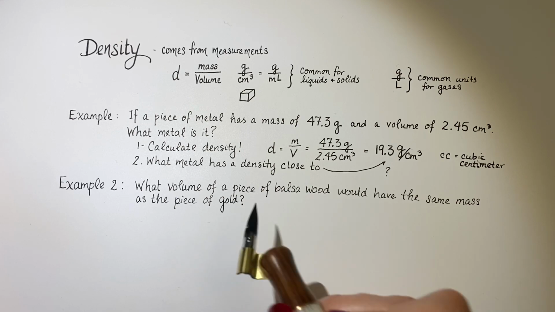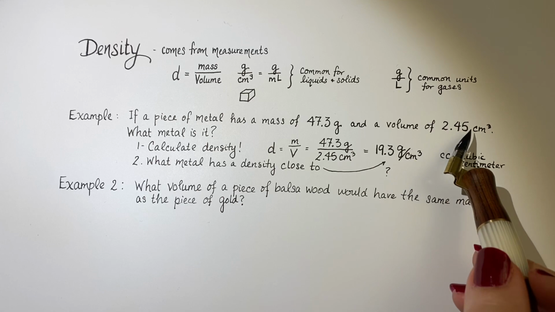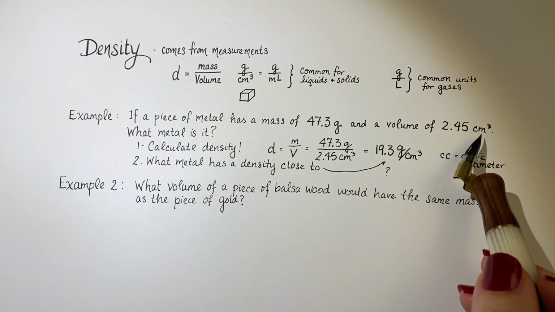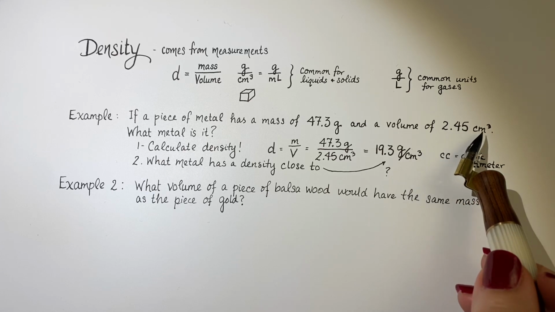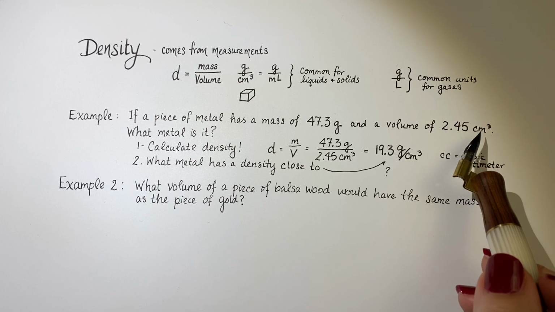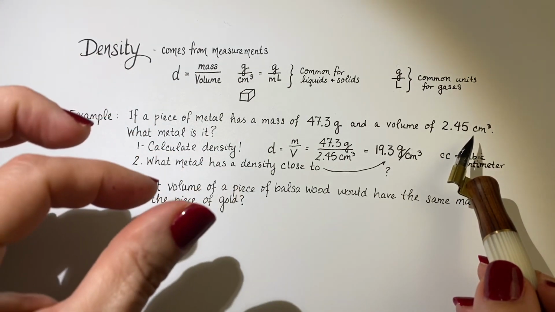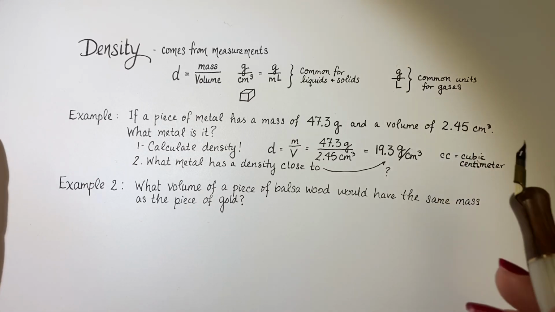So, this piece of gold that we're looking up here is really not that large. So 2.45 centimeters cubed. Alright, so we're just looking at a piece, it's definitely, I could hold it in my hand pretty easily.